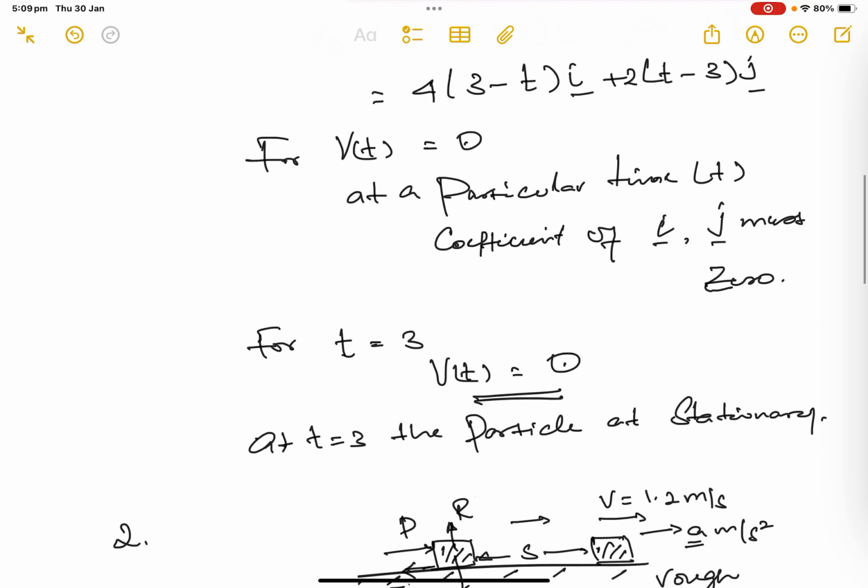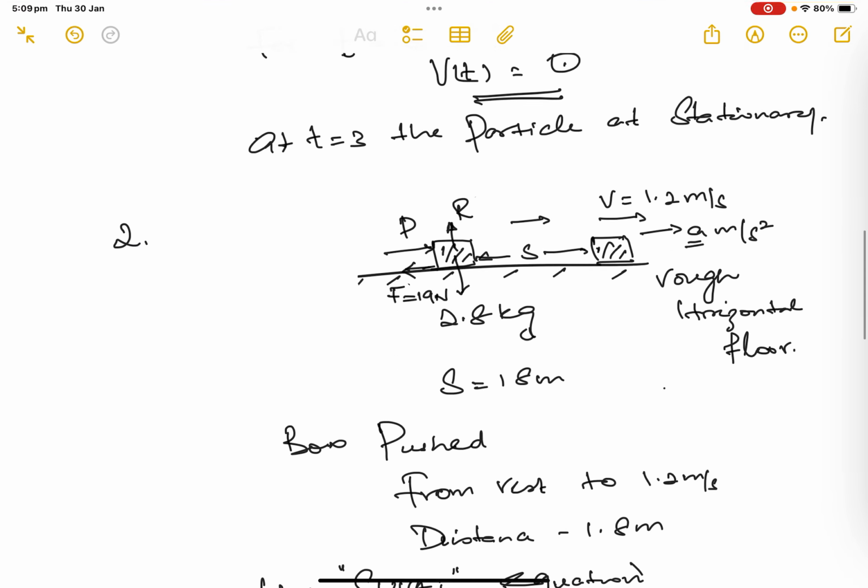So let's put it all in one. I'll put a little sketch. The floor is a rough horizontal floor, and the box has mass 2.8 kilogram.